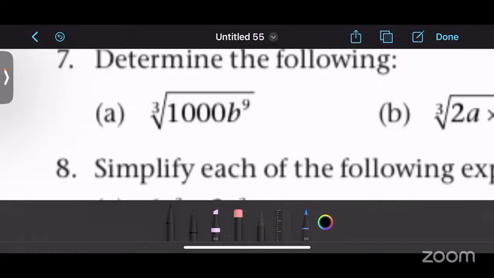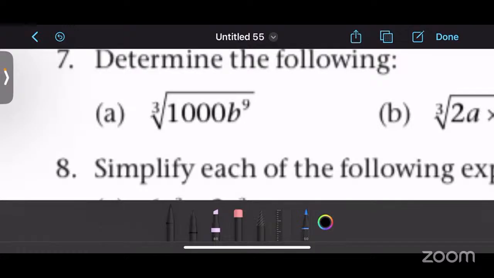You're going to say cube root of 1000, then cube root of x to the power 9.